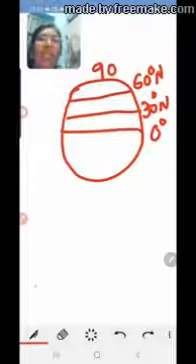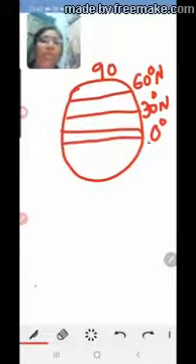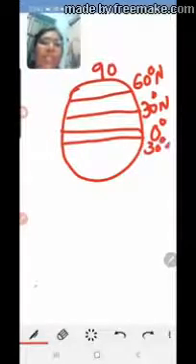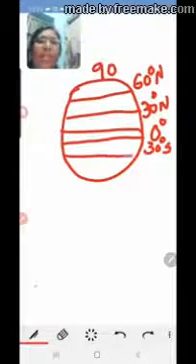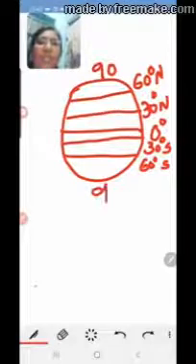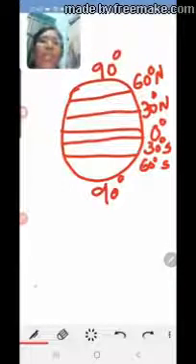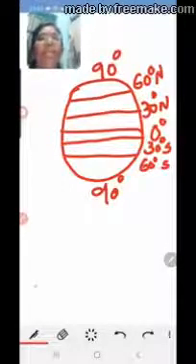In a similar way, in the southern hemisphere, from the equator to the south pole, there are also 90 latitudes. Here it is 30 degree south, the next is 60 degree south, and the last one is 90 degree south.